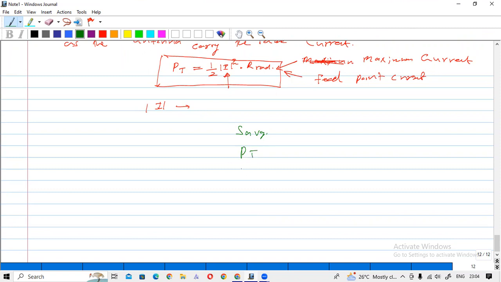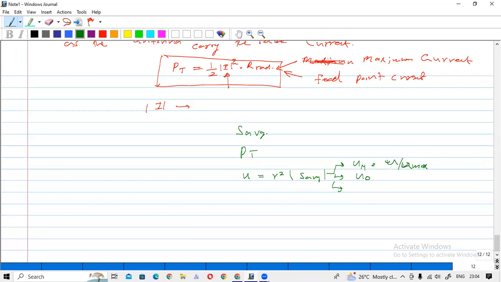Then we found the radiation intensity, that is the average power through a unit solid angle. We also defined the normalized radiation intensity, dividing by U max.